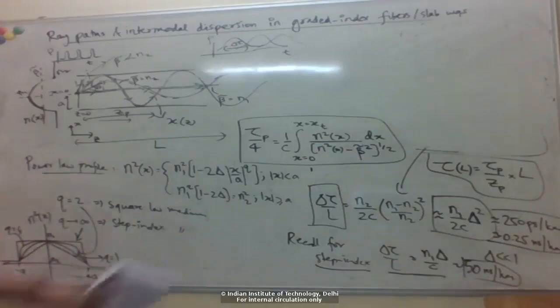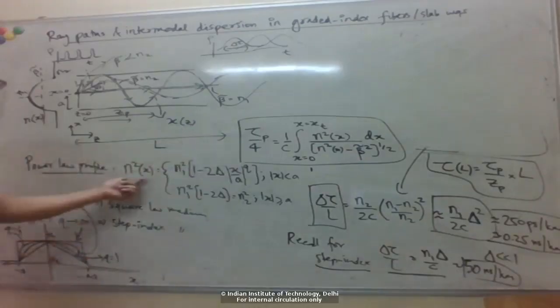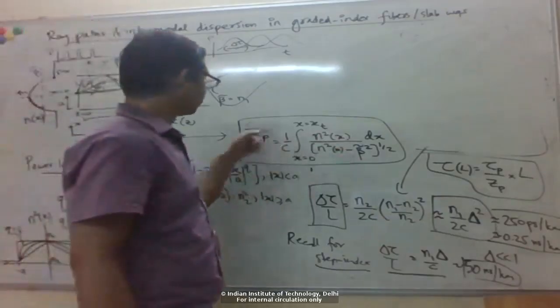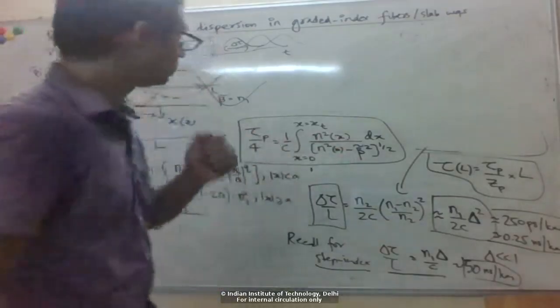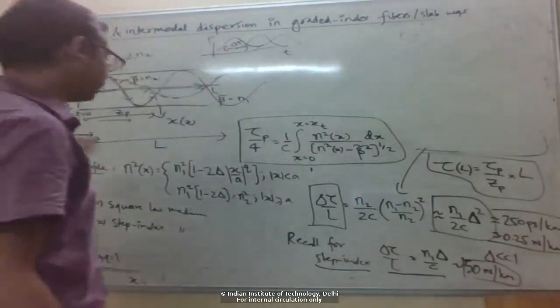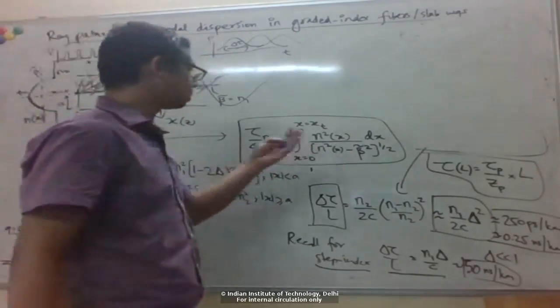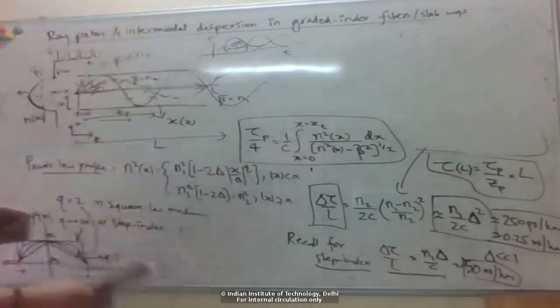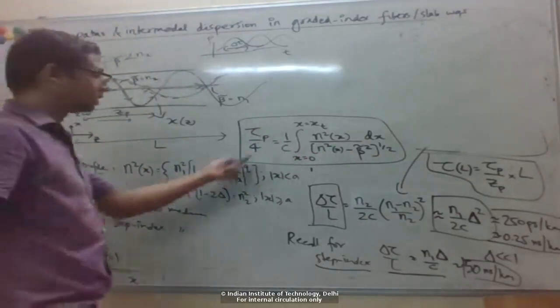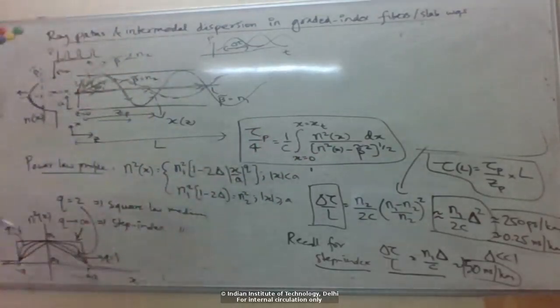Okay, so we can do the same kind of analysis. Take this power law profile, put it into this integral, and try to find the transit time. But the math is more complicated because the integrals are not easy. Again, there's a brief discussion on this in the textbook if you want to know more.